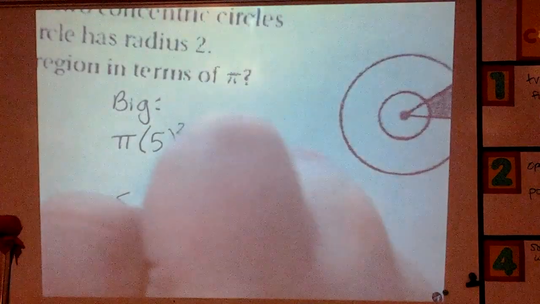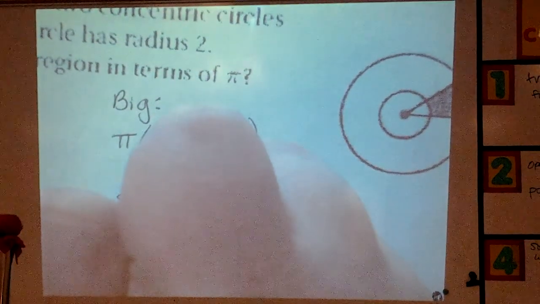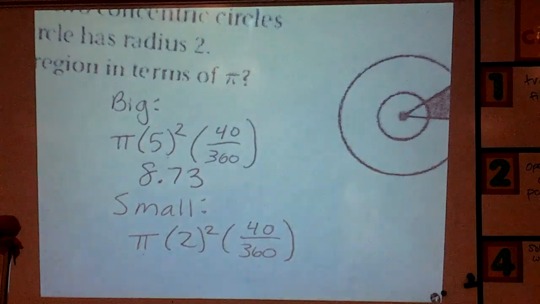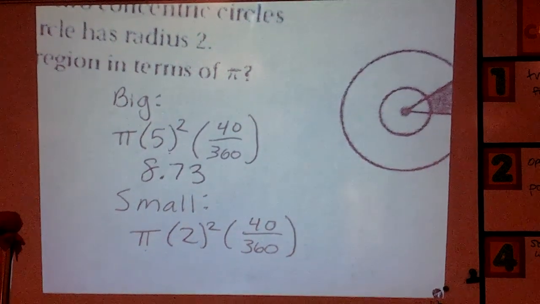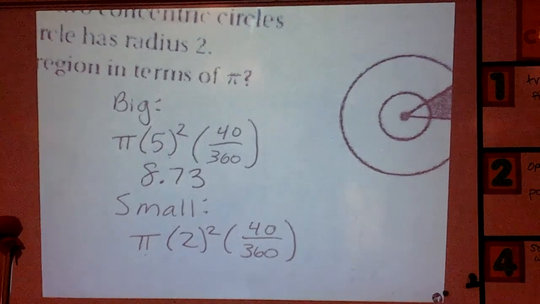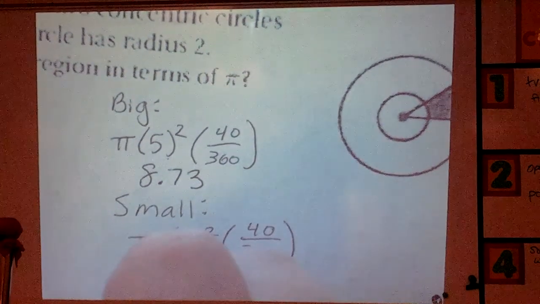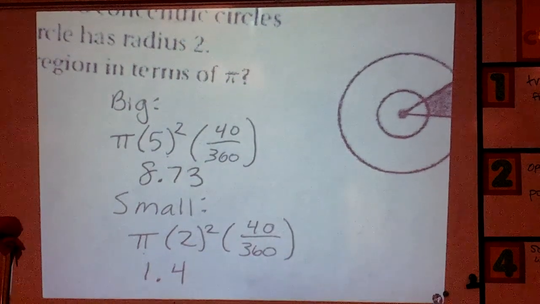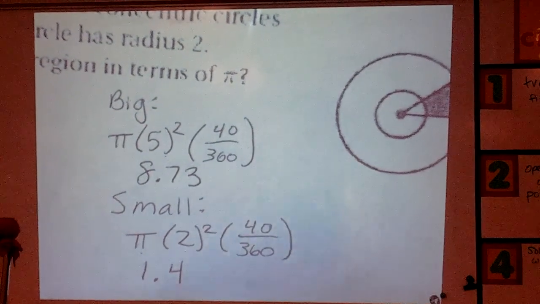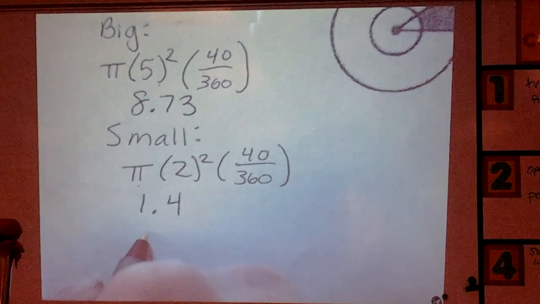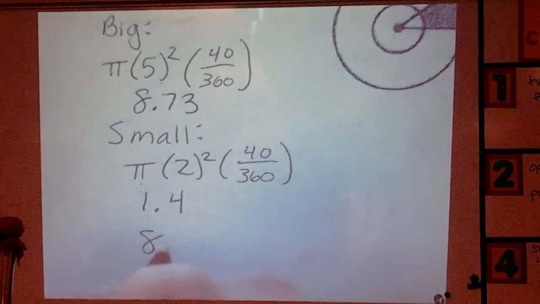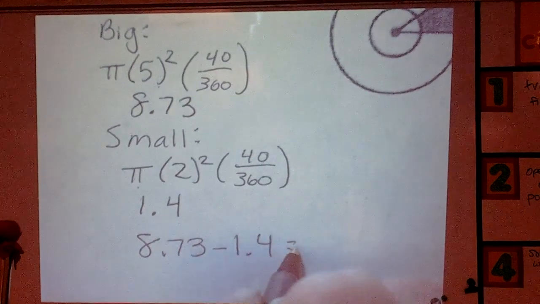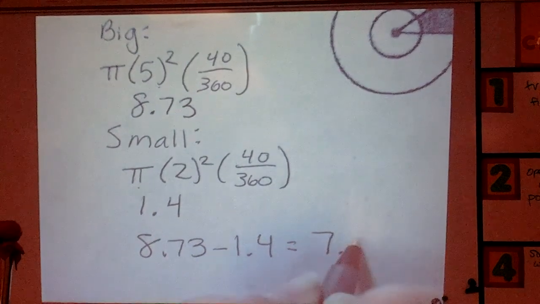That gives me that my big piece is 8.73, and my small piece is 1.4 with rounding. So that would give me an area of the shaded region, 8.73 minus 1.4 equals 7.3.